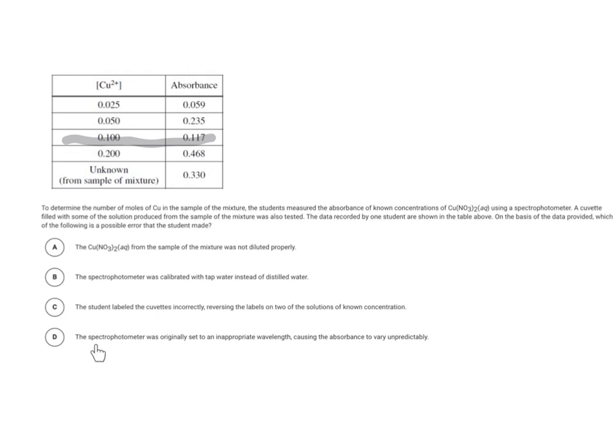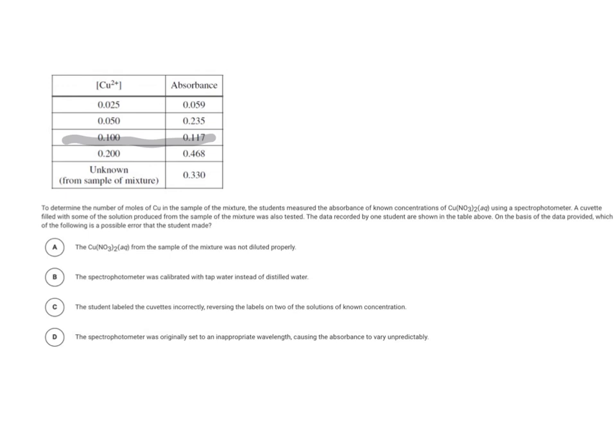Now this one would affect all of the samples, and so even if it was set to an inappropriate wavelength, they would all be inappropriate equally. And so that doesn't seem to explain why these 2 numbers don't follow the pattern. So either the dilution was not done properly or the labels were reversed.